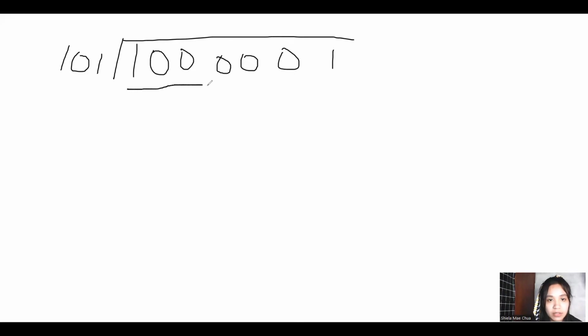Is 1, 0, 0, 0 greater than or equal to 1, 0, 1? Yes. So we will put 1 here. As you can see, we just use 1 and 0 in our quotient because this is a binary number, meaning we only have two digits, 0 and 1. That's why 1 and 0 are the only applicable quotient digits here. So 1 times 1, 0, 1 is basically 1, 0, 1.